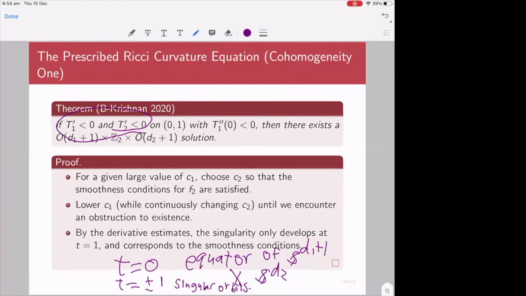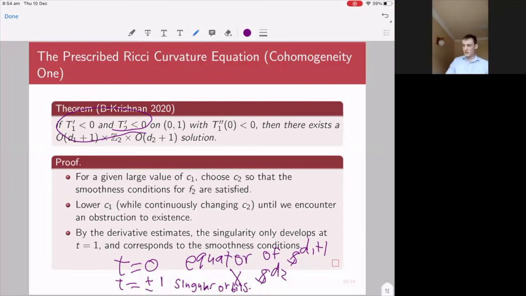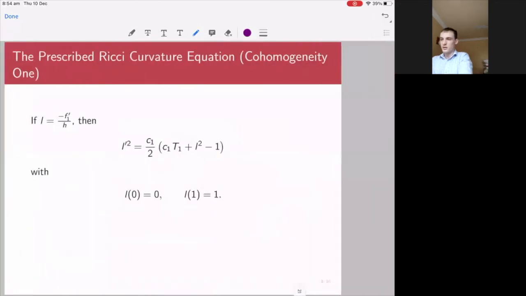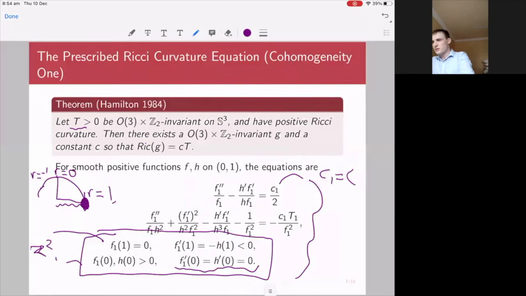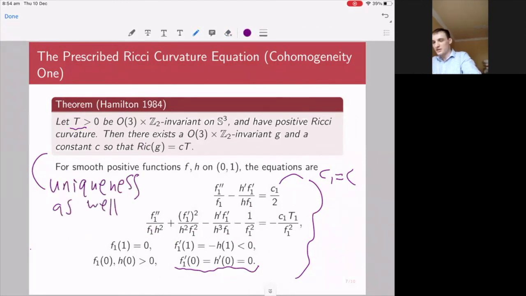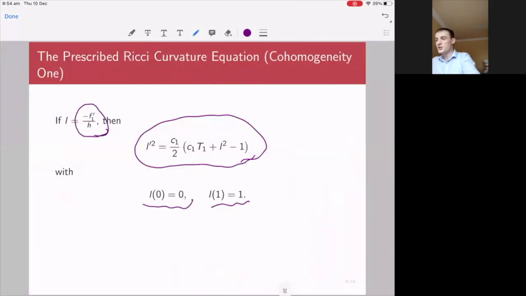Tim, can you say something about uniqueness for the solution? So uniqueness, yes. In Hamilton's original theorem, he also got uniqueness. The way he does that is simply by, well, as soon as you get to a single first order ODE, verifying uniqueness is actually quite straightforward.